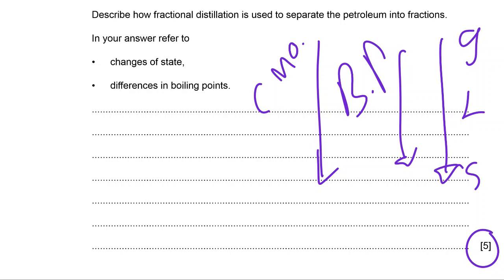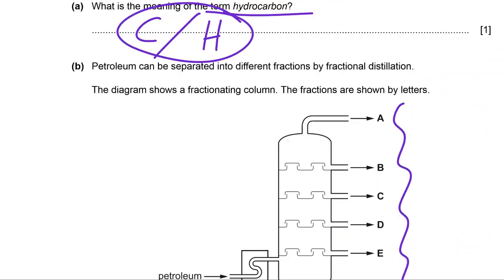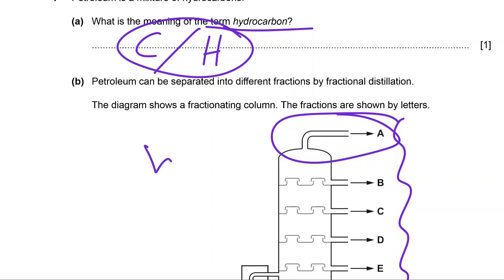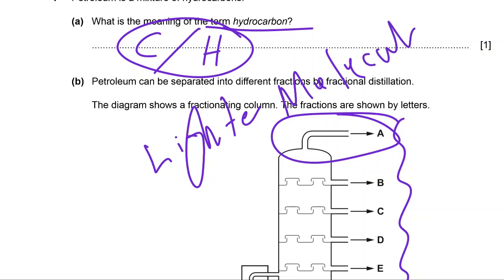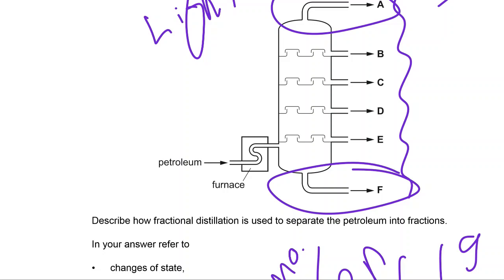At the top of the fractionating column, you have lighter molecules, which is always methane gas with 1 carbon, and at the bottom we have the fraction with the heaviest molecules, with the highest number of carbons, which is bitumen, used for road foundation.